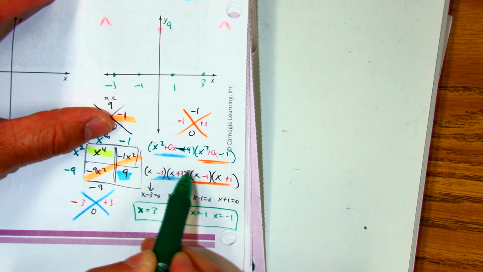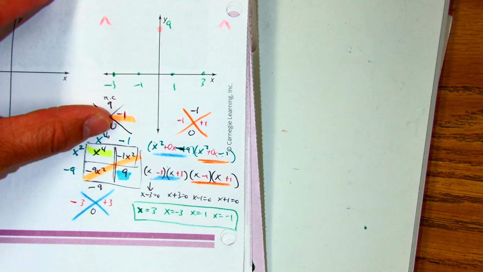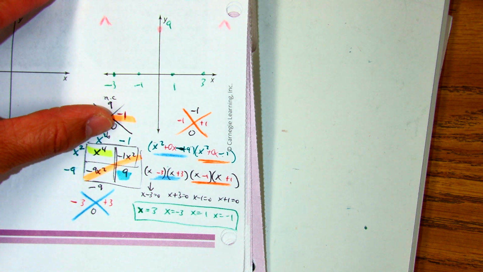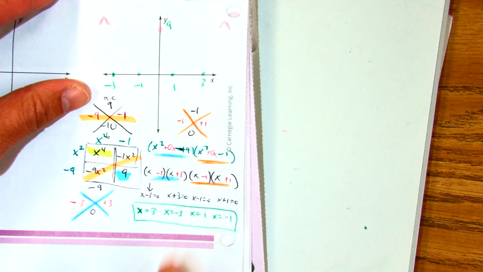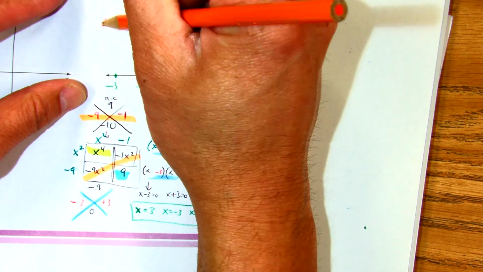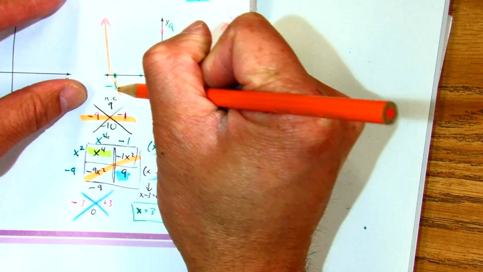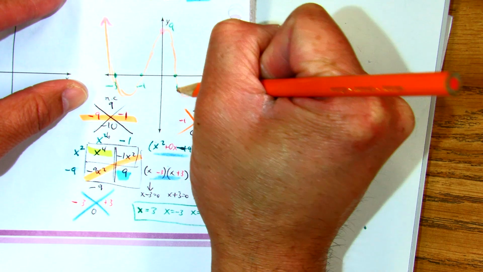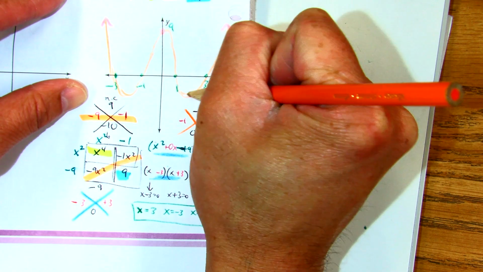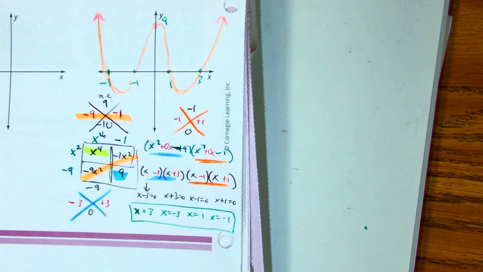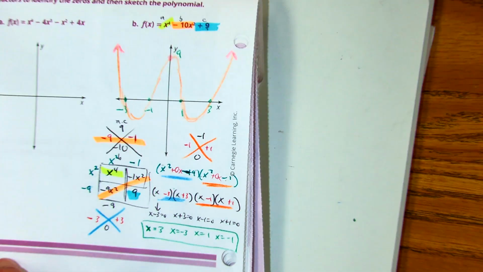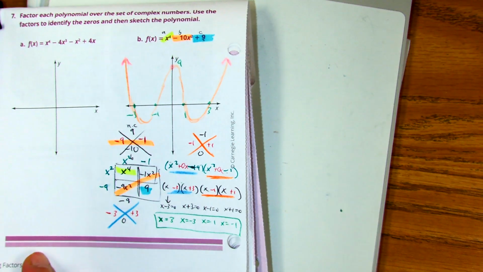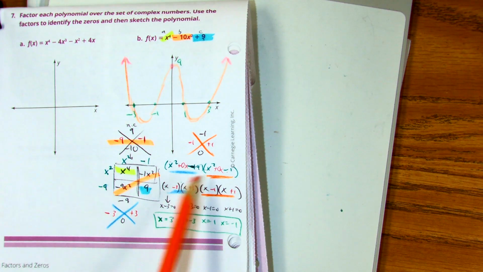That means they're going to shoot through each of those values. So let's draw a sketch. I'm going to go from left to right. So shoot through it. And a lot of quartic polynomials look like W's. So in this problem, you had to factor it, solve it, and then sketch it.